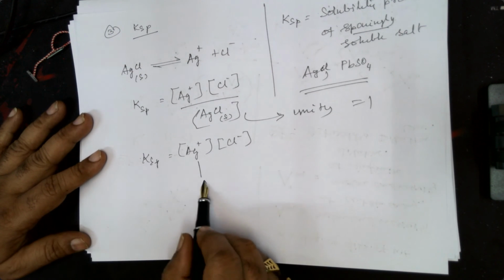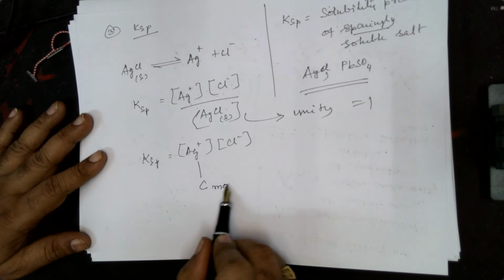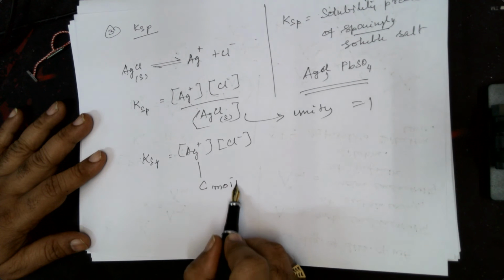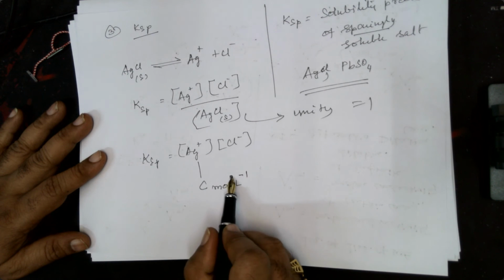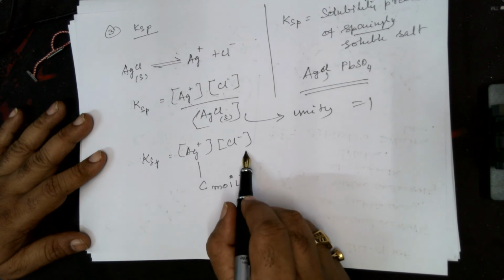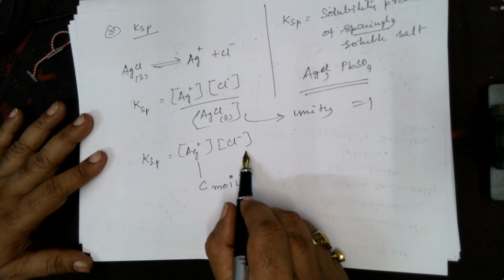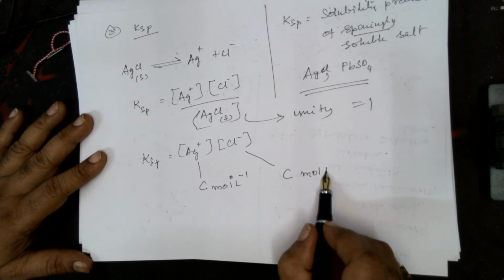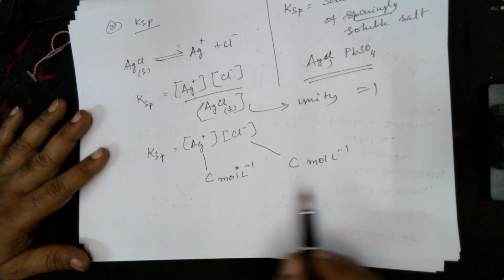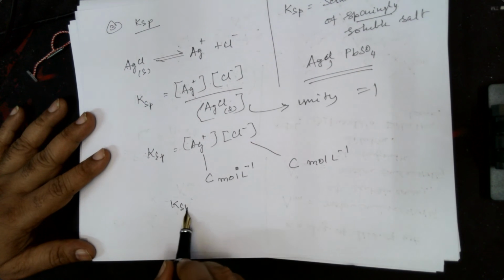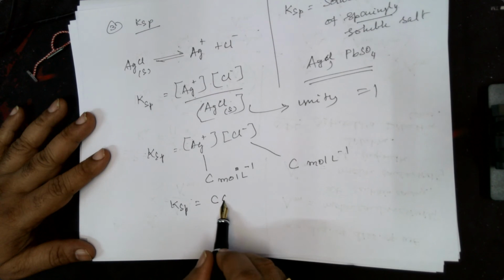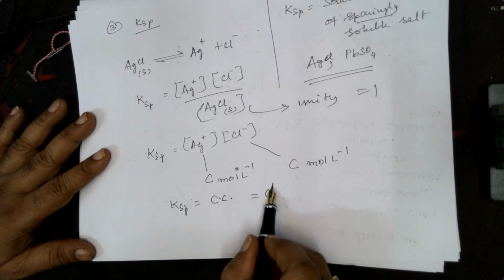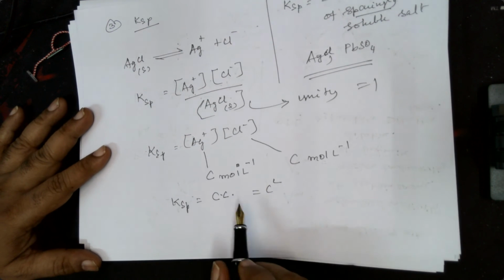And chloride is also C mole per liter. So KSP is equal to C into C, that is C squared. This is called KSP.